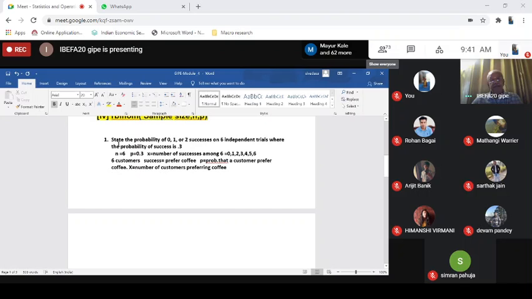State the probability of 0, 1, 2 successes among 6 trials where probability of success is 0.3. So P is 0.3 and 1 minus P is 0.7. N is 6. X is number of successes among 6. That is 0 to 6.